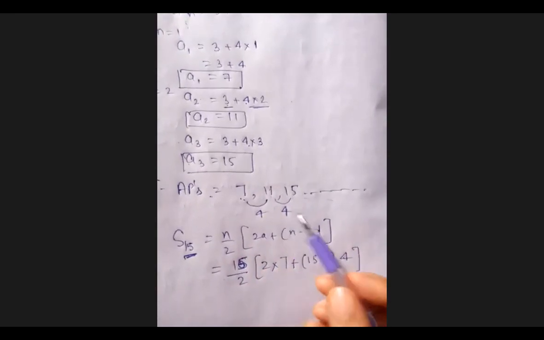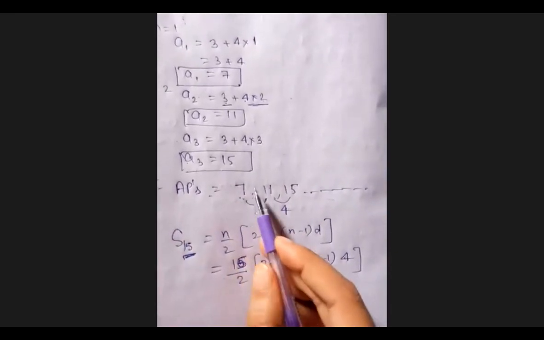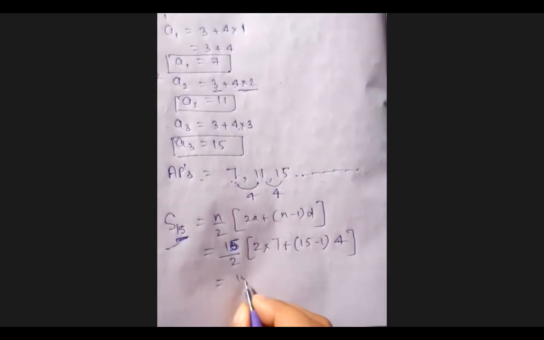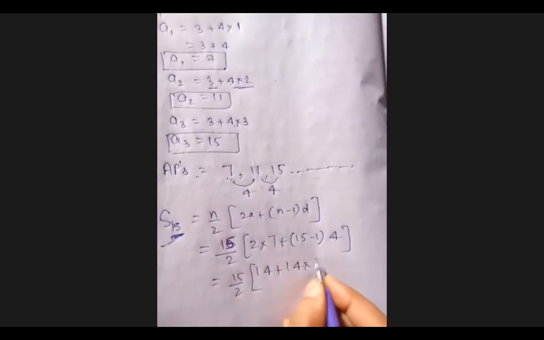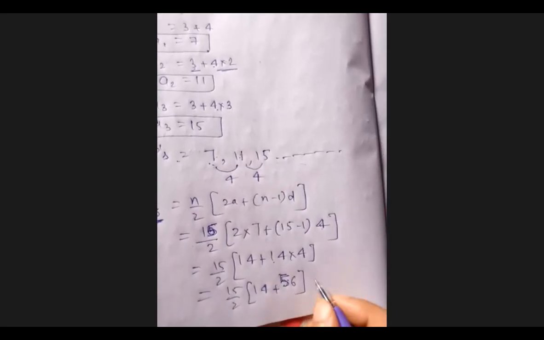I am writing it like this, but you have to write in a proper order, not like this. First you write that here we have a 7, d equals 11 minus 7, and then you apply this formula. So 15 upon 2, 2 sevens are 14 plus 14 into 4, that is 56.